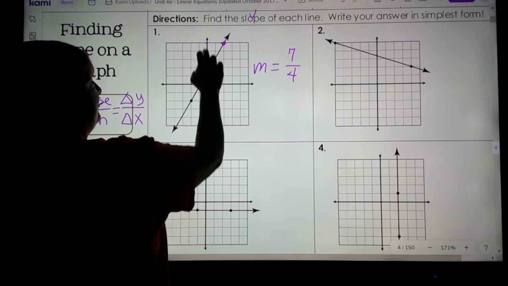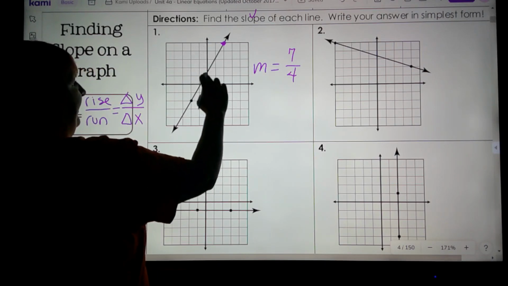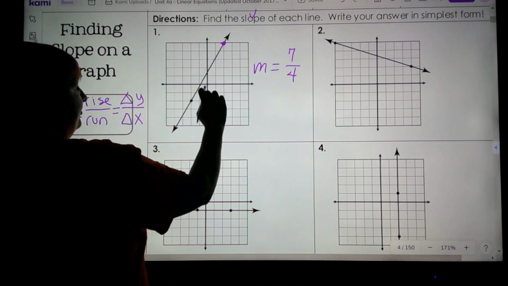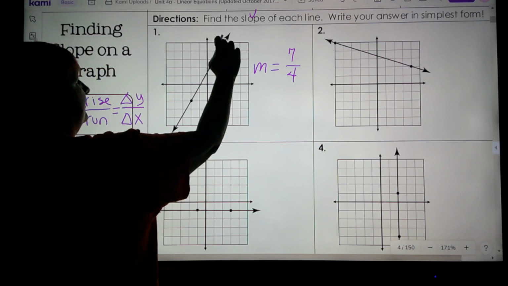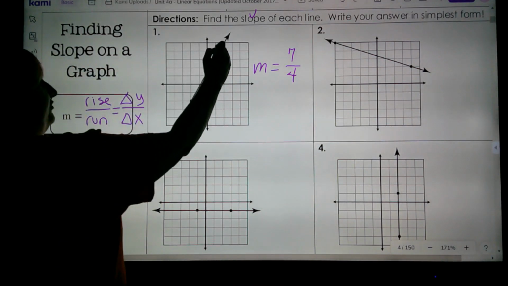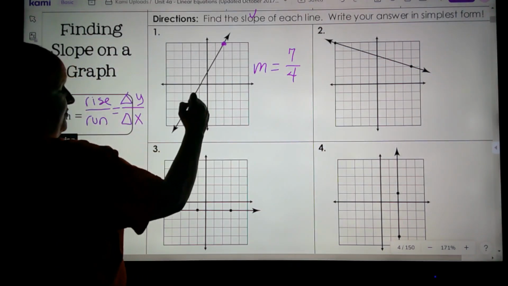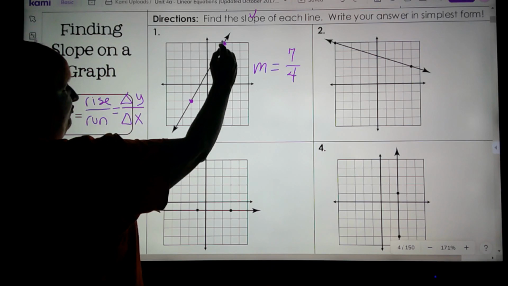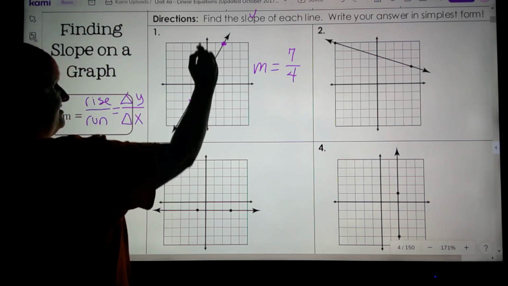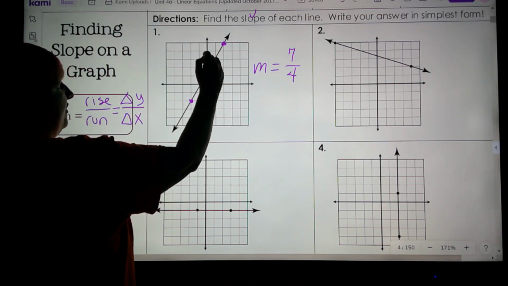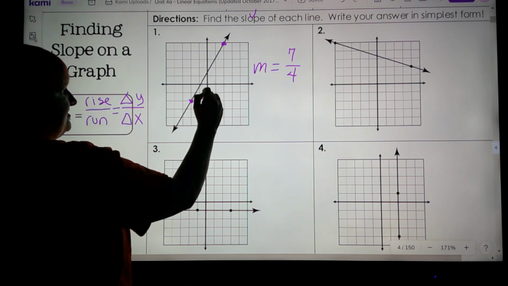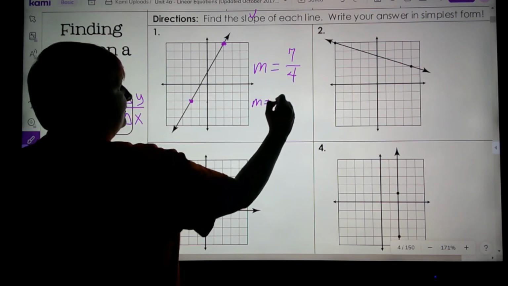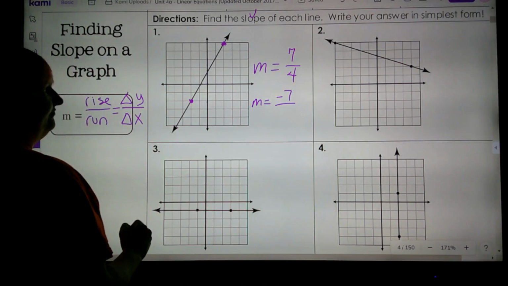You just have to remember that the change in y, the rise, goes on top. Right? So if you wanted to go from this point to this point, your rise, how many did we go from here to here on the y-axis? We went down 1, 2, 3, 4, 5, 6, 7. We went down 7.